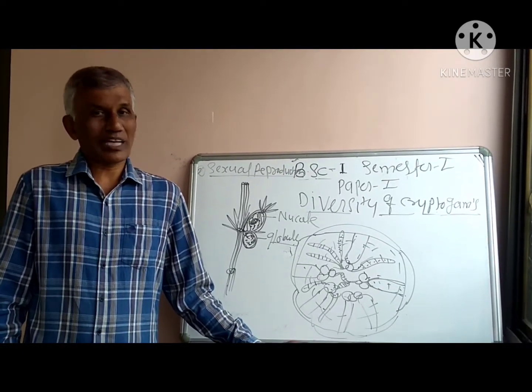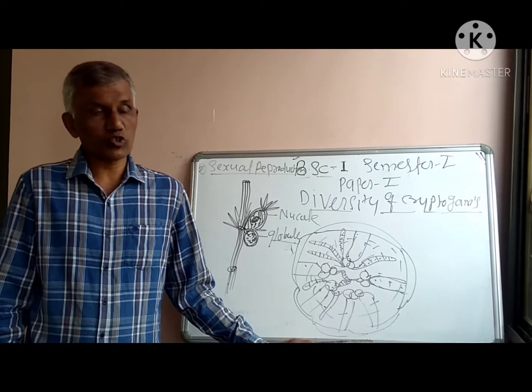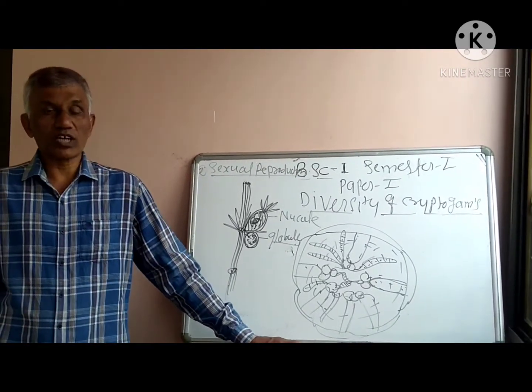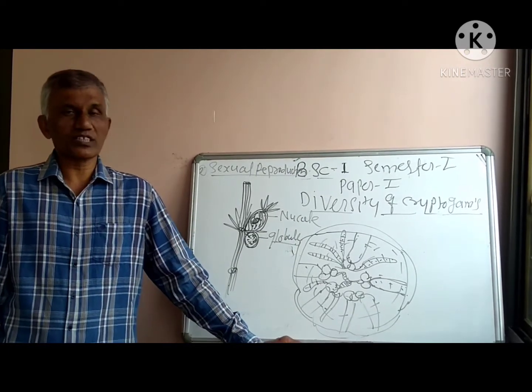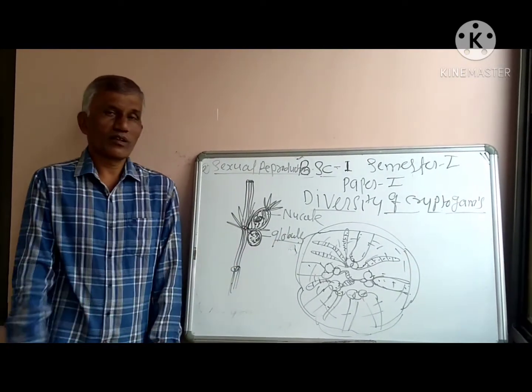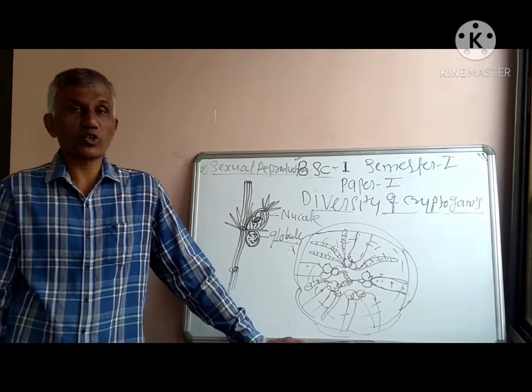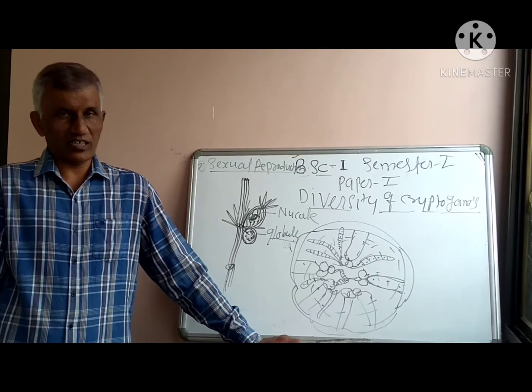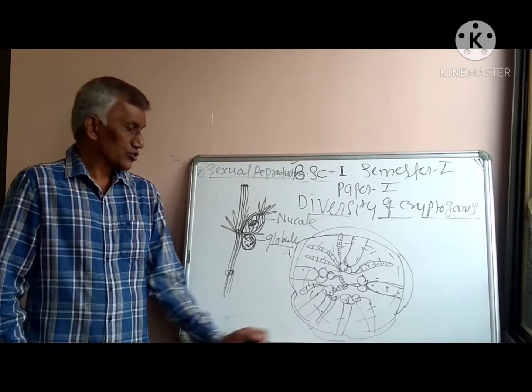They are macroscopic, which means we can observe them without a microscope, with the naked eye. Therefore they are known as macroscopic reproductive bodies in the case of Chara.